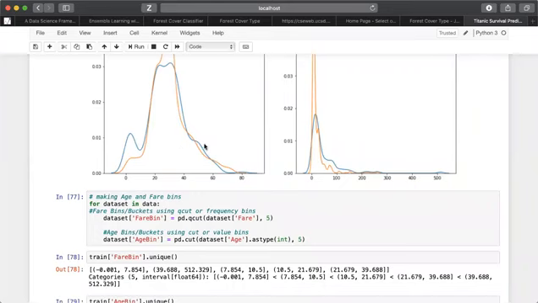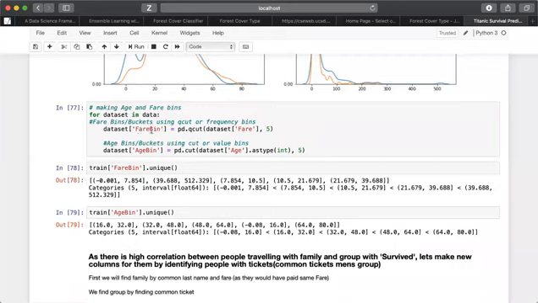So for dataset, for dataset fare bin, I have made a new column equal to pd.qcut of dataset fare, and I have decided the number of bins as 5. Similarly, for age bin, I have done the simple cut, and here also I have 5 bins and astype int.